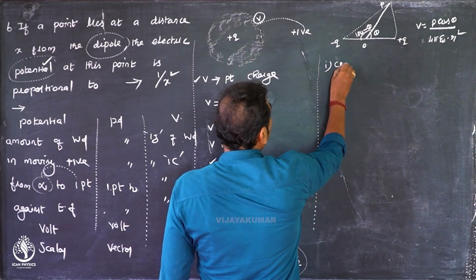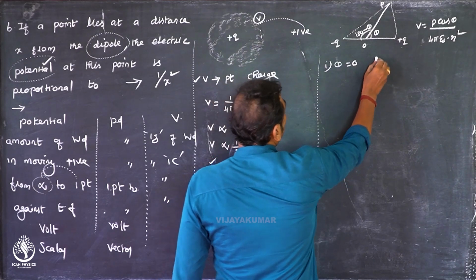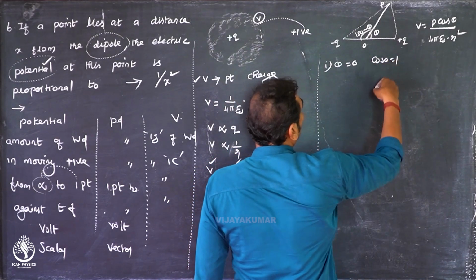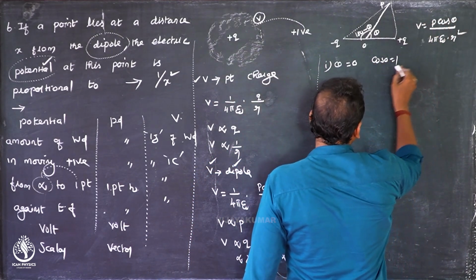For the first case, theta equal to 0, then cos 0 equal to 1.